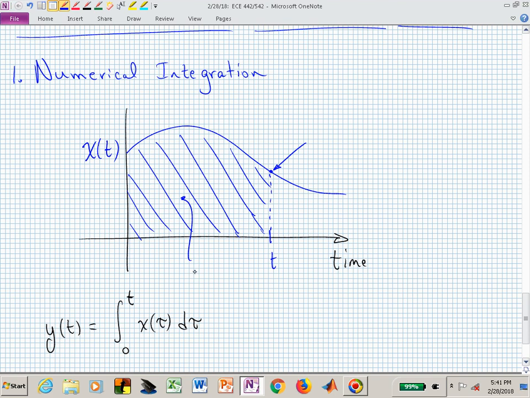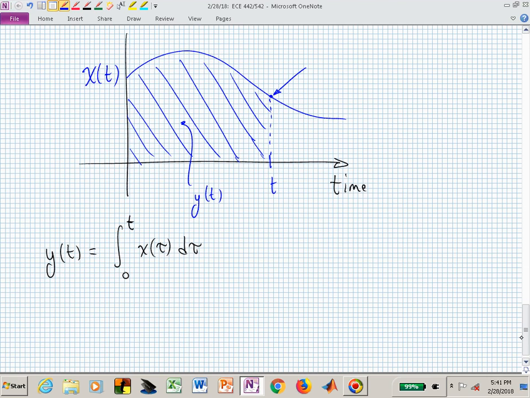Y of t is that particular area. Y of t is going to be the area under the x of t curve up to time little t.